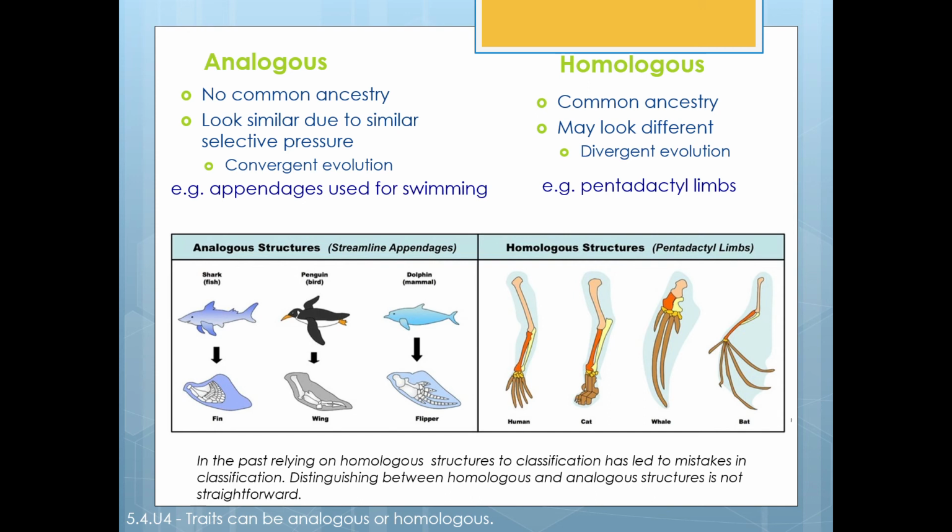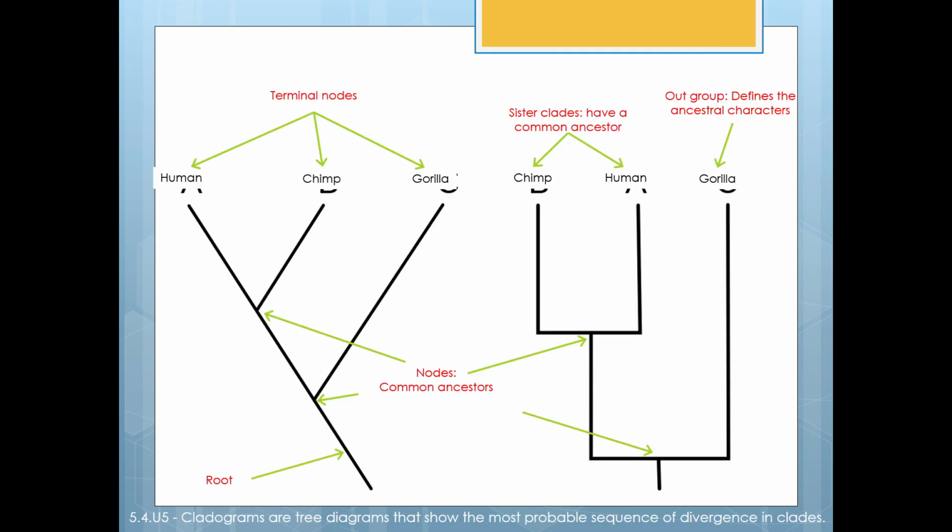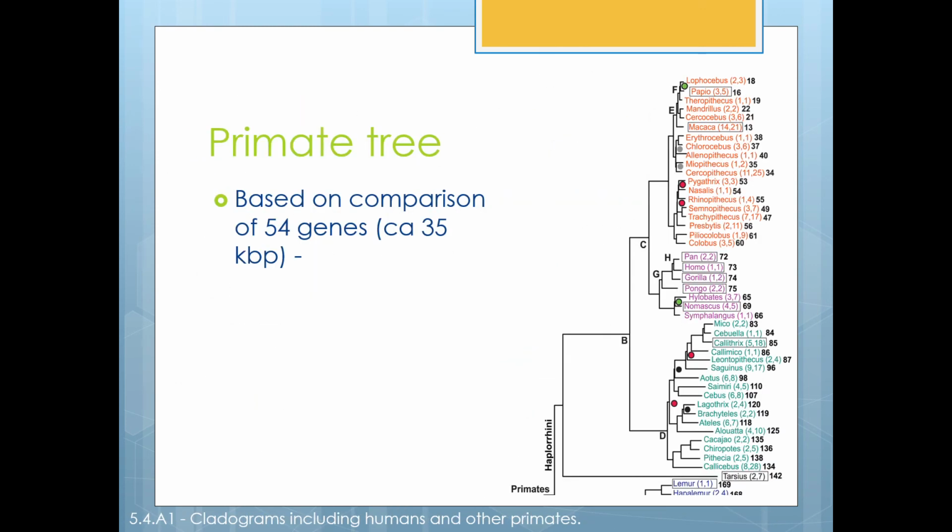The divergent evolution is informative if it comes to understanding evolutionary relationships, while convergent evolution may be misleading. Look here. Here we've got an evolutionary tree trying to show relationships between all groups of primates.